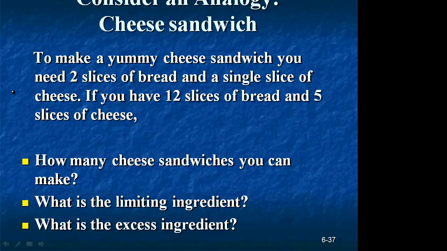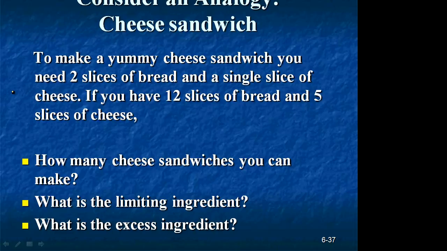Okay, we are making a cheese sandwich. So here is the recipe. To make a simple cheese sandwich, you need two slices of bread and a single slice of cheese. Right? That's what a simple cheese sandwich is. Now let's imagine we have 12 slices of bread and 5 slices of cheese.